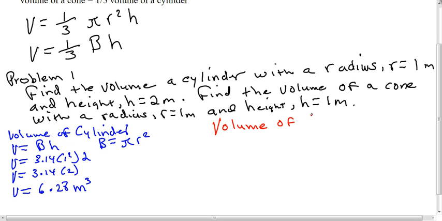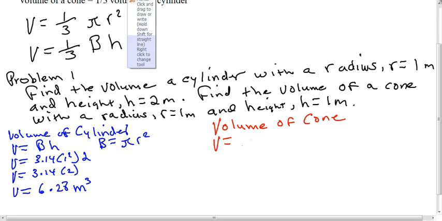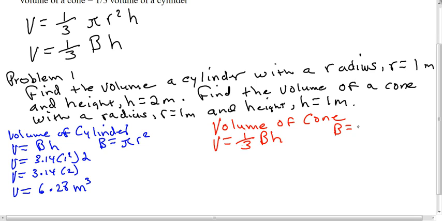Now remember, I just put that in for comparison here, the volume of the cylinder. So here's the formula that we are looking for with the volume of the cone. Volume is equal to 1/3 big B times H. And again, my big B is pi times radius squared.